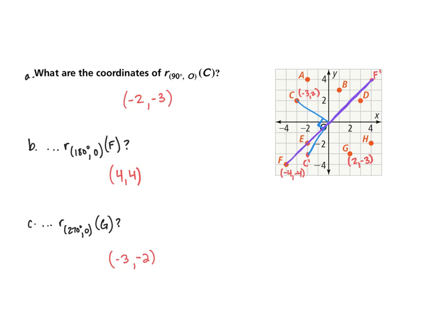So that positive 2 is going to go to negative 2. We flip the numbers and change the second sign. So where does negative 3, negative 2 put us? It would put us right around here. So G prime would be here at negative 3, negative 2.